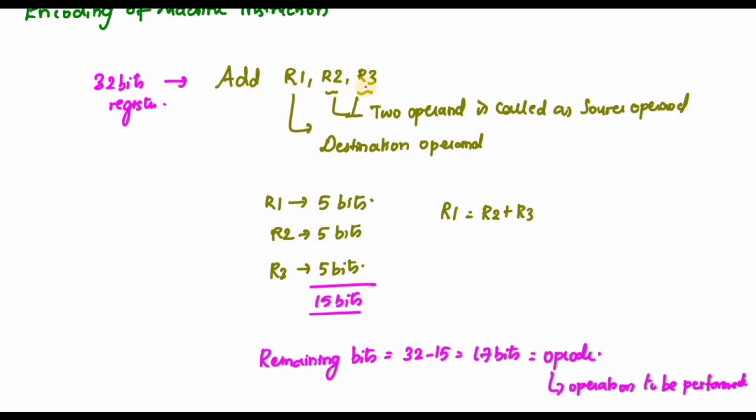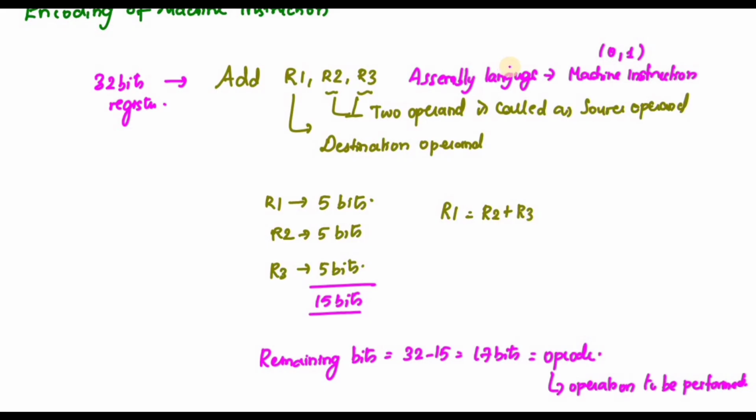This is to be executed by the processor. So the assembly language instruction must be converted into a program with the help of an assembler. Okay. So what is a machine instruction? It is nothing but zeros and ones.